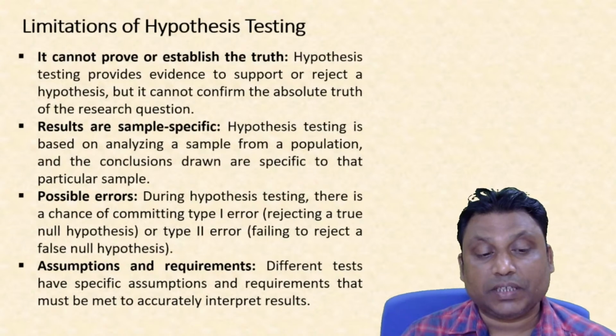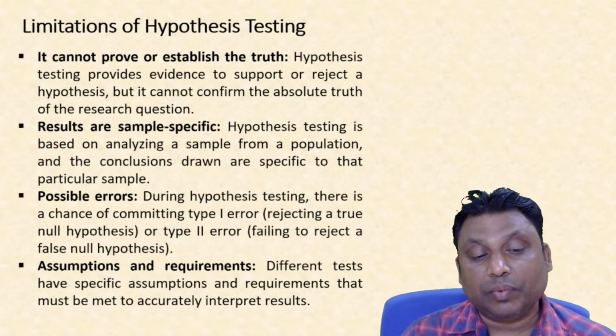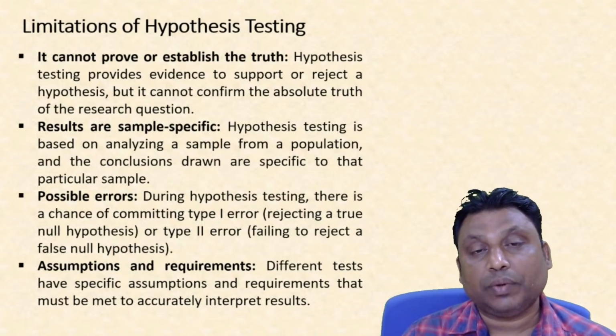Different tests have specific assumptions and requirements that must be met to accurately interpret the results. So when you are using hypothesis testing in any research work, you have to find the accurate interpretation of the results.